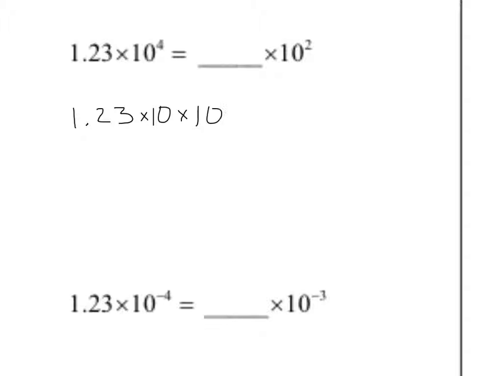I'm just going to move them over here so they can be associated here with the 1.23. 1.23 times 10 times 10 is 123 times 10 to the second power.